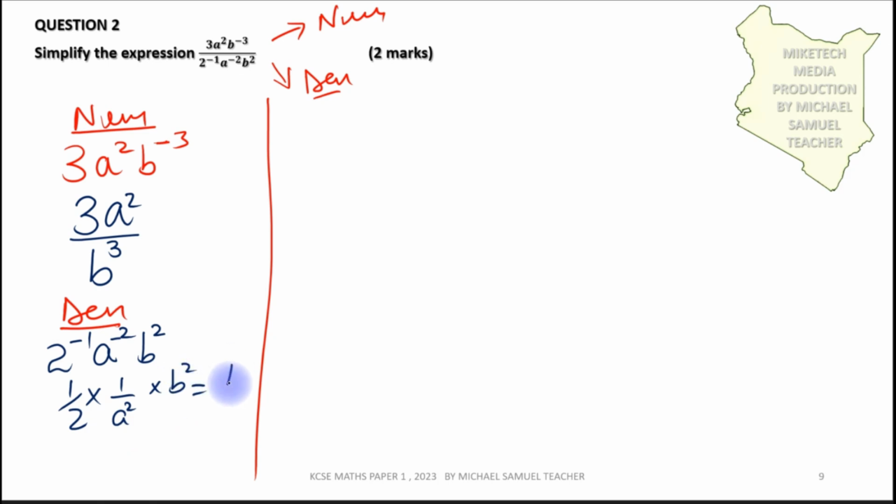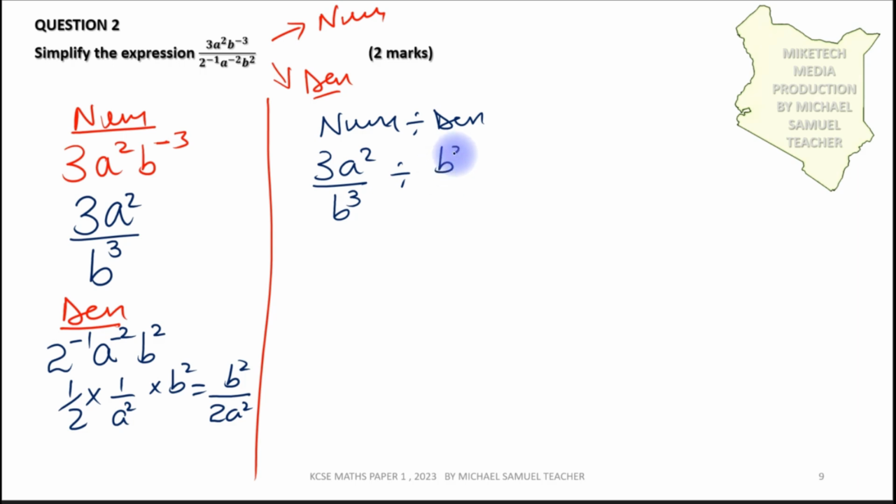So this is the same as b squared all over 2a squared. Therefore, we take the numerator and divide by the denominator. So this will be 3a squared all over b raised to 3, divided by b squared all over 2a squared.